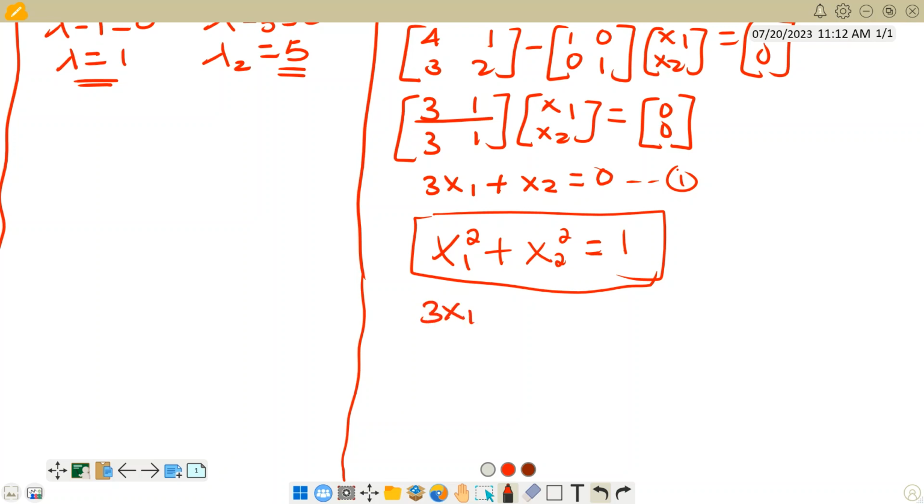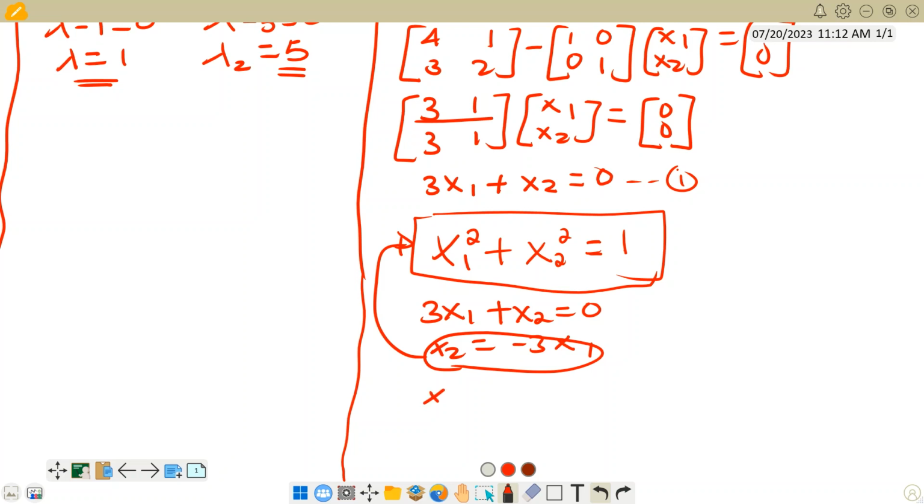So since our equation is this plus x2 is equal to 0, we can make x2 equal to minus 3x1, and then we get this guy here and replace in that function. Okay, so this will be x1 squared plus open brackets, where there's x2 we can put minus 3x1, we square that, and this should be equal to 1, right?